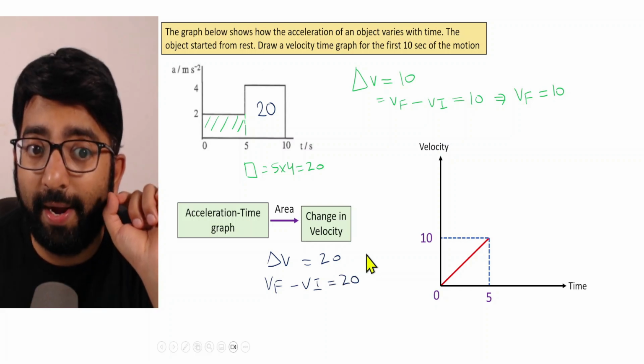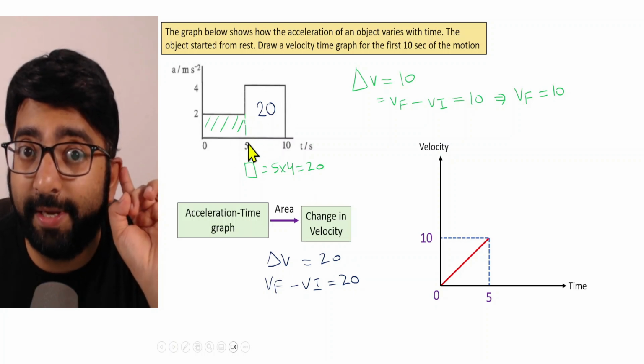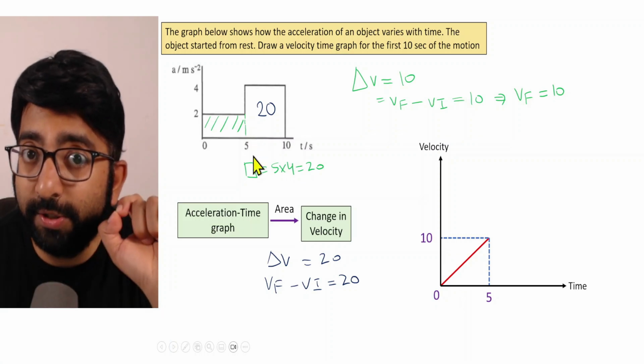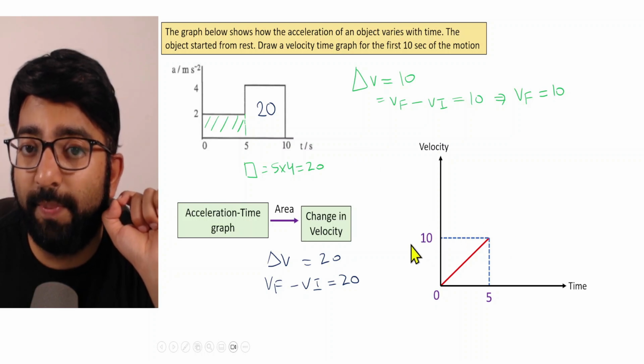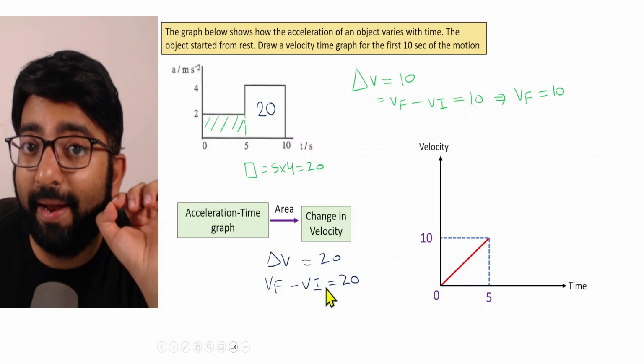Now be careful. While we are dealing with this rectangle, the time we are considering is from 5 seconds to 10 seconds. Hence, 5 seconds is the start point. Velocity of the object at t is equal to 5, we have found as 10 meters per second. And that is why over here, initial velocity, we will write 10 and not 0.